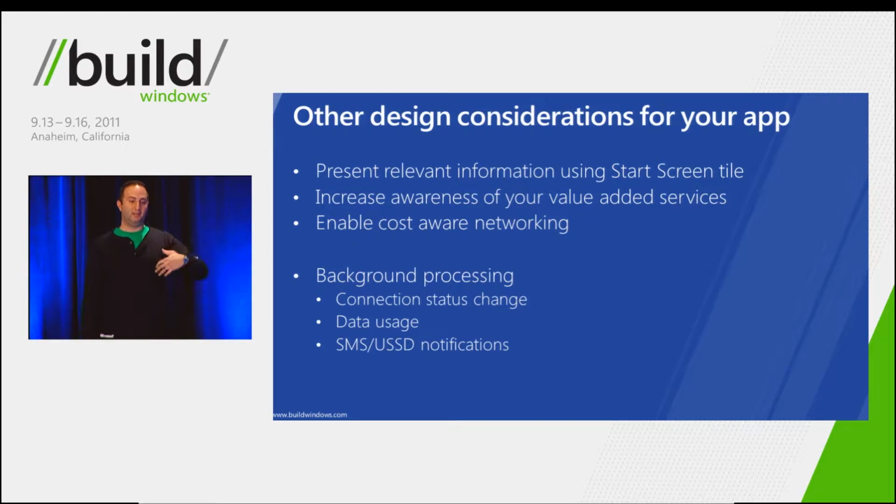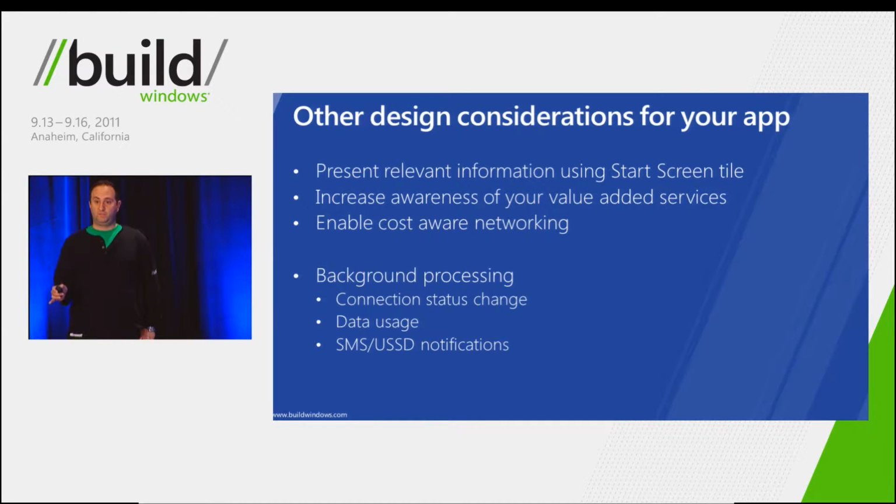You can detect the state of the SIM and show the user that they need to get activated. You can show them plans that are relevant to the user, that are available to them, and you can highlight your brand. And we think that's what makes this really compelling, is putting together the great things in Windows 8 with our mobile broadband platform.